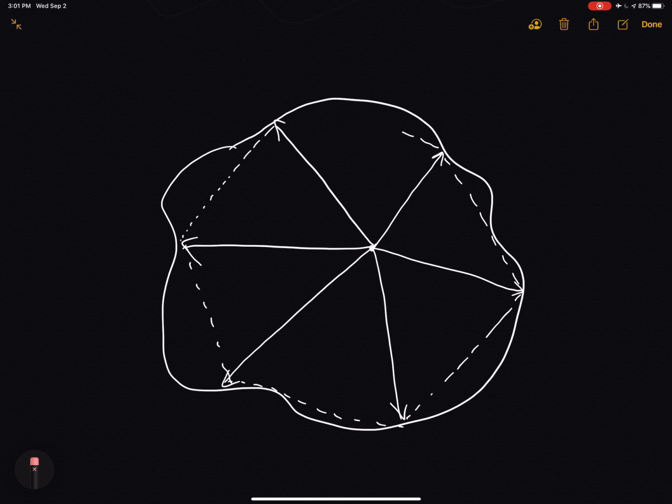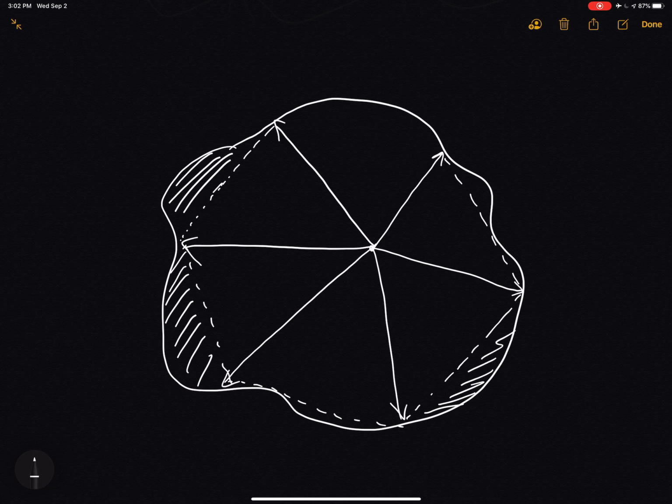So out in the field, again, you're making decisions on, okay, well, 6 radii is going to give me a pretty big underestimate of the area. So all of this space here, and here, and here, etc., that's all going to get missed by tallying up the sizes of these triangles.